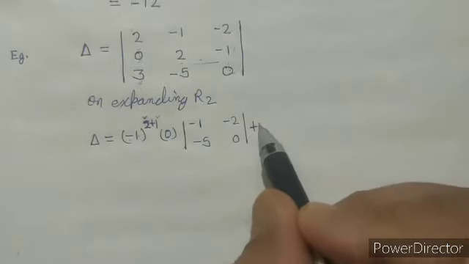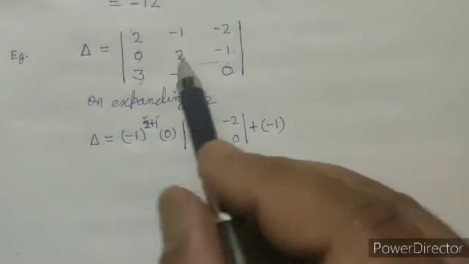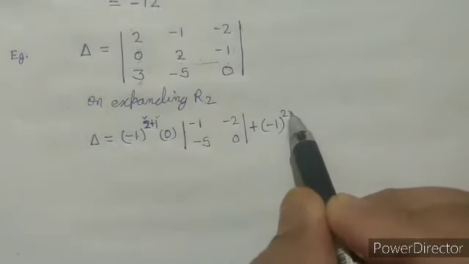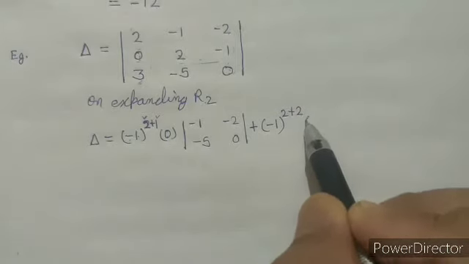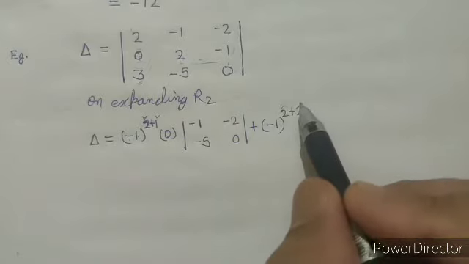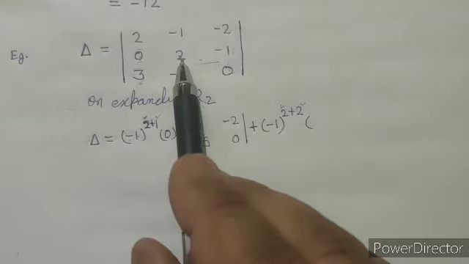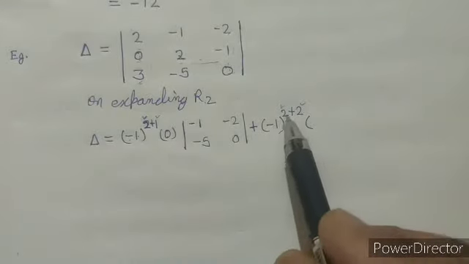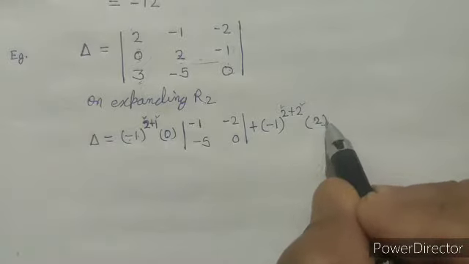Now plus -1. Now we are expanding row 2. The second element of row 2 will be 2. The first number denotes the row of the element and the second is the column of the element, and this is in the second row and second column. So -1 will be raised to power 2 plus 2 into 2.